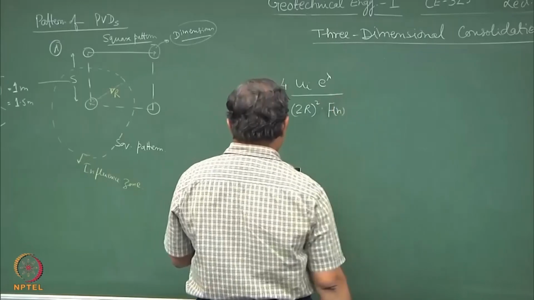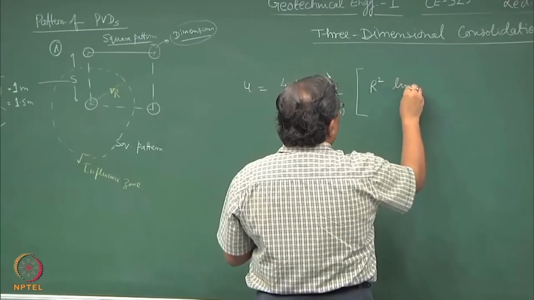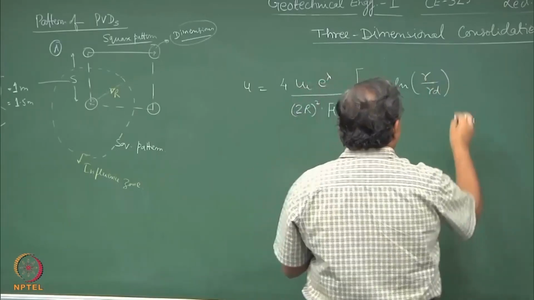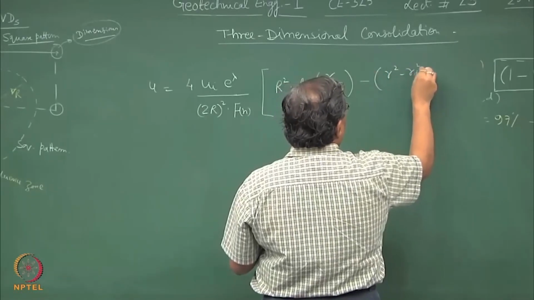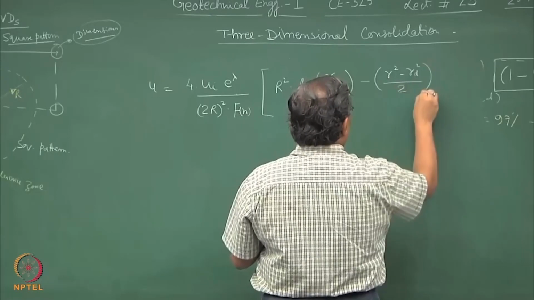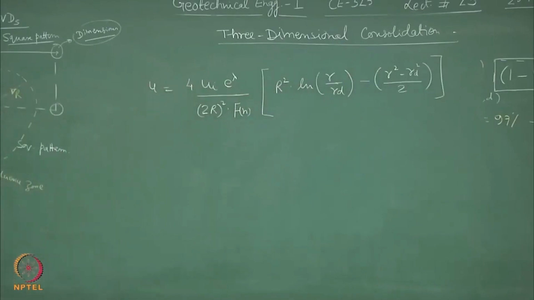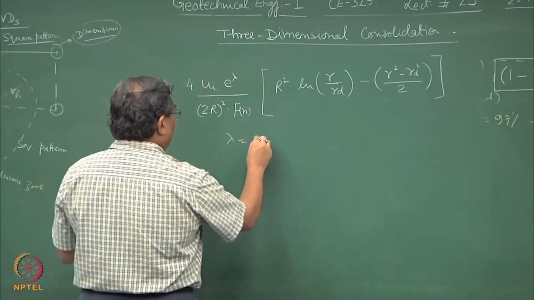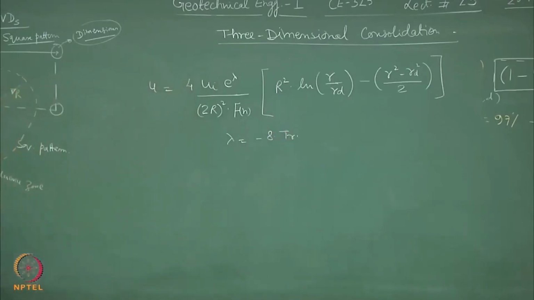Fn is a function, r square into log of r by Rd minus r square minus Rd square upon 2. So, this is the function which gives you the value of the pore pressure, where lambda is equal to minus 8 Tr. Tr is nothing but the coefficient of radial consolidation.